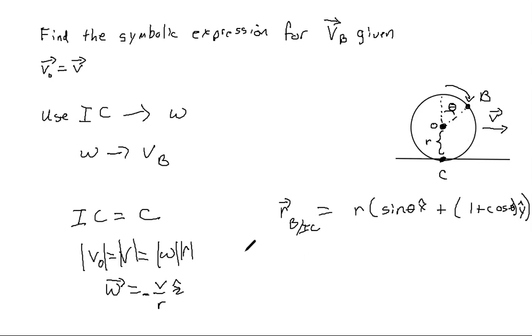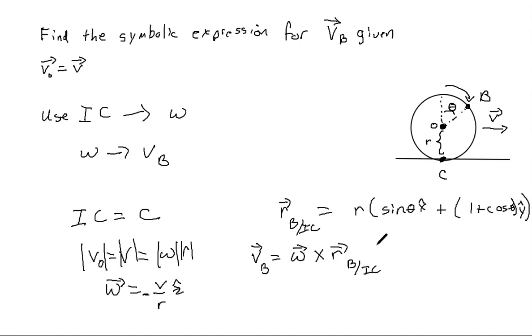And finally, to get my answer, I want the velocity at B. It should be a pure rotation around the instantaneous center, so that should be omega vector cross R, B, C. I'm just going to write all these things out here.